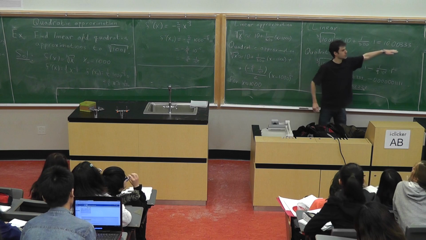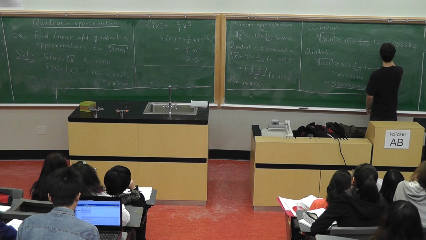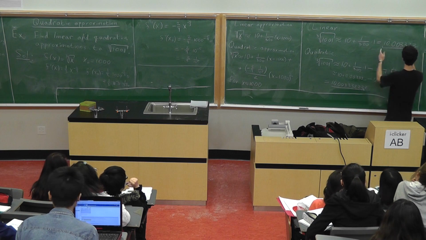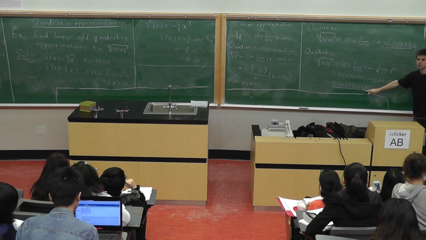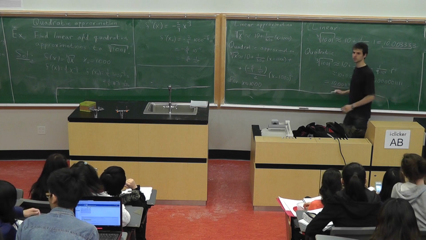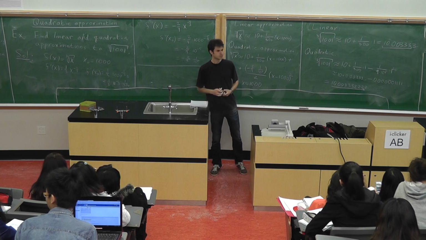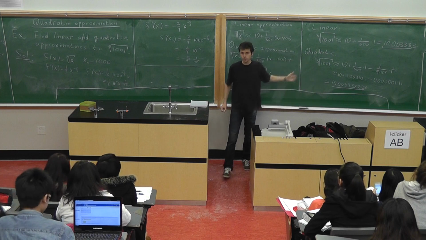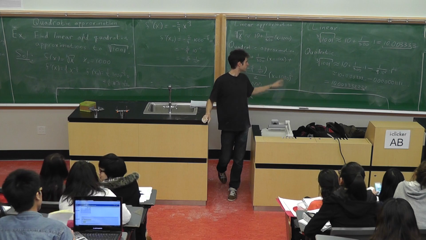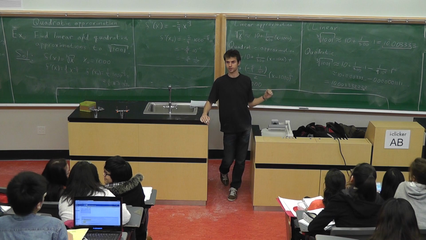The linear approximation was good. I mean, it verified that it's correct up to here, 6 digits. But the quadratic approximation is simply fantastic, as good as a calculator. So, yes, we did improve on the linear approximation. In this situation, the quadratic approximation is just much, much, much better.